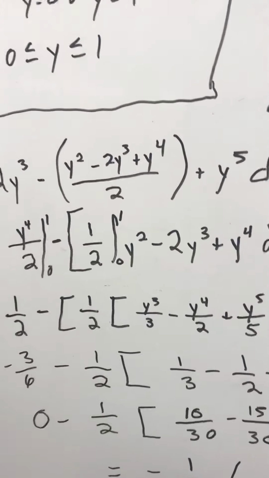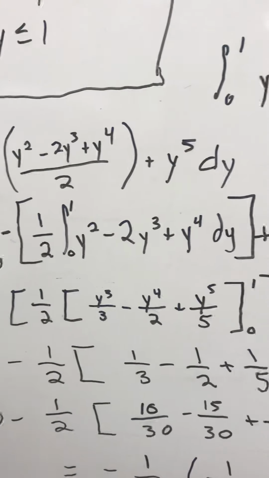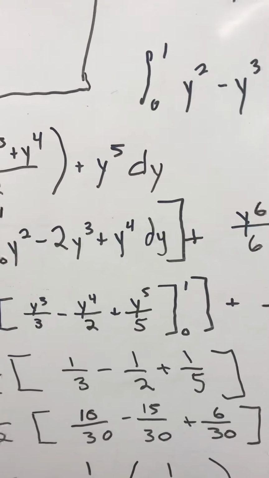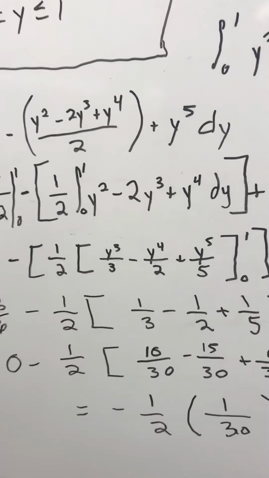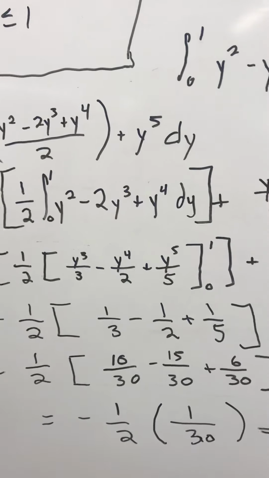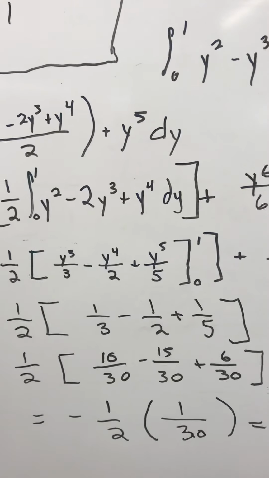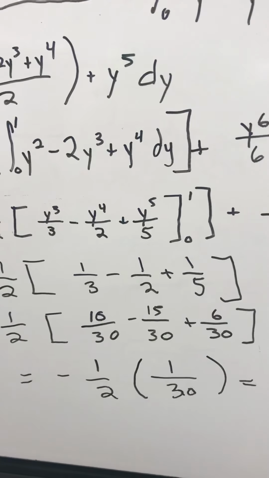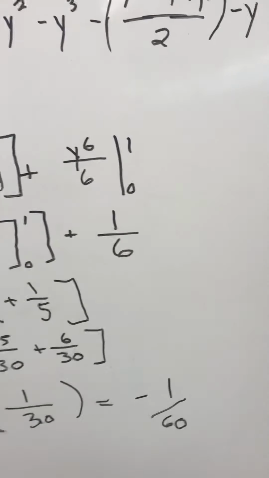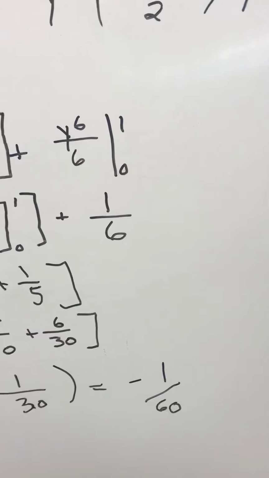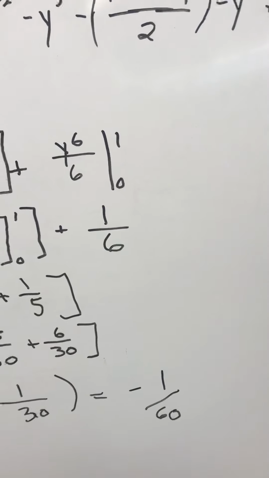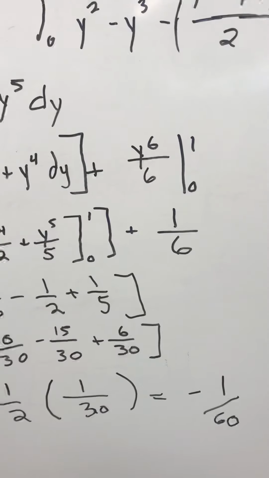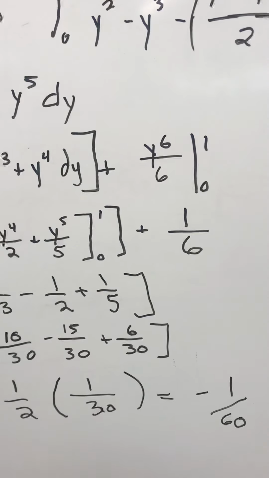So we see that we have negative 1/2 times 1/3 minus 1/2 plus 1/5, which turns into negative 1/2 times 10 over 30 minus 15 over 30 plus 6 over 30, which equals negative 1/2 times 1 over 30, which equals negative 1 over 60. And that is the end of the examples that I have for 14.6.